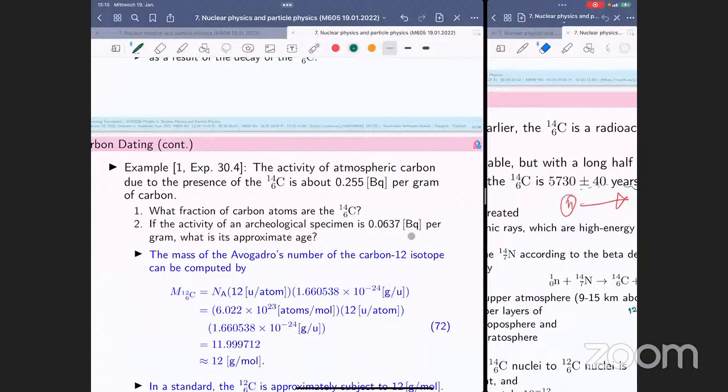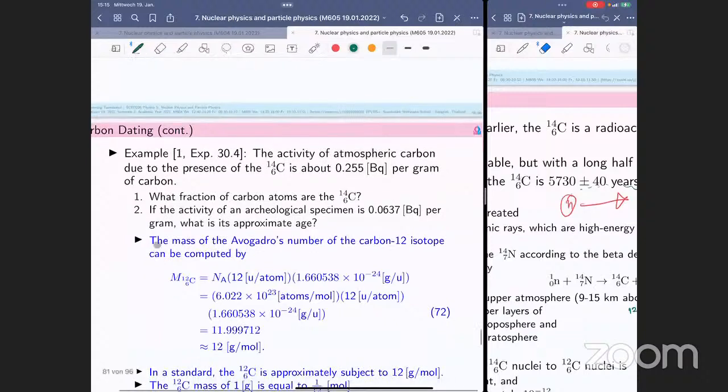So we would start by calculating the activity in the following way. Now we need to talk about the mass of the Avogadro number of carbon-12 atoms.